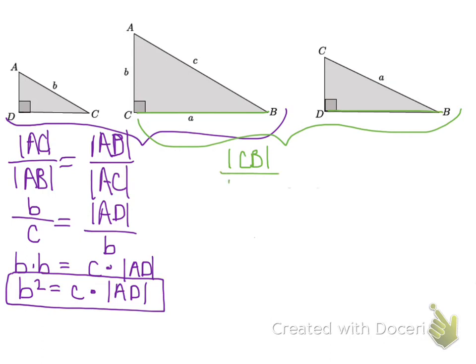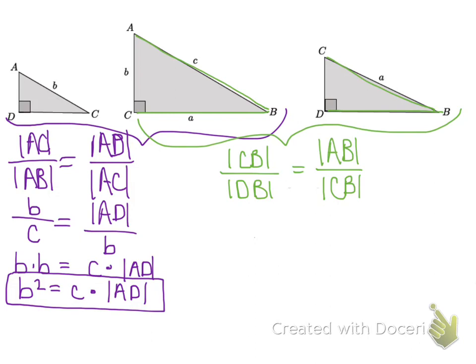So we'll write that over DB is equal to the ratio, and again we'll use the hypotenuse ratios. So here we've got AB, length AB, over length CB.